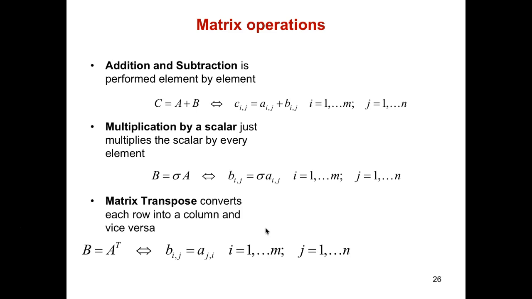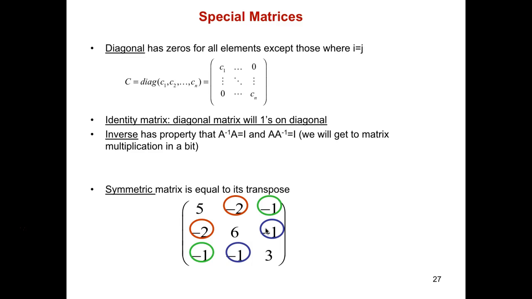Now, standard operations of adding, multiplying by a scalar, and just transposing, or flipping the matrix rows and columns, are there. Those are straightforward. We have a number of special matrices, so you just need to refer to them by name, such as a diagonal matrix that has non-zero elements only on the diagonal.